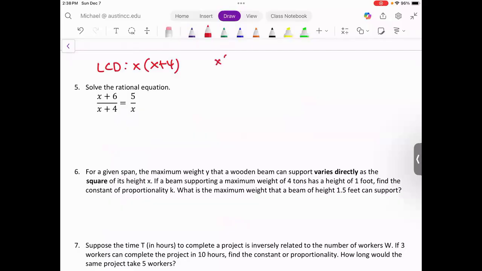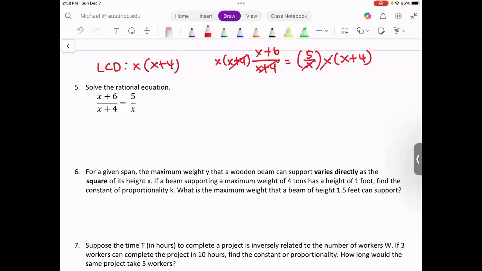So if we do x times x plus 4 times x plus 6 over x plus 4, that equals 5 over x, times x times x plus 4. Here, all of our denominators will cancel out since we got an appropriate least common denominator.